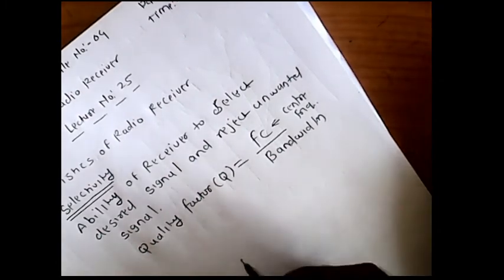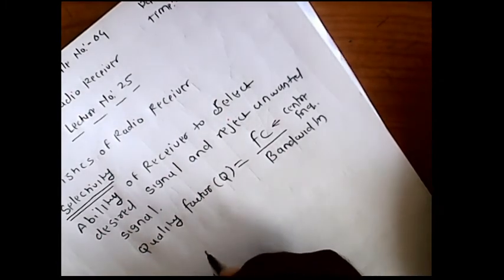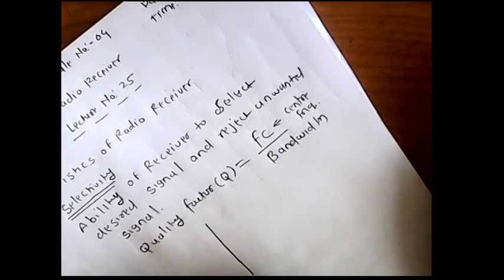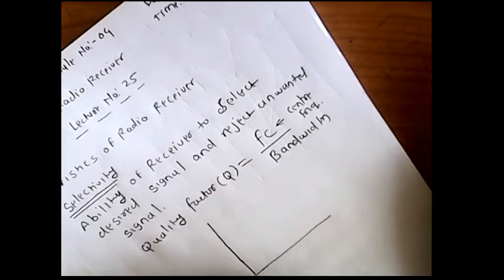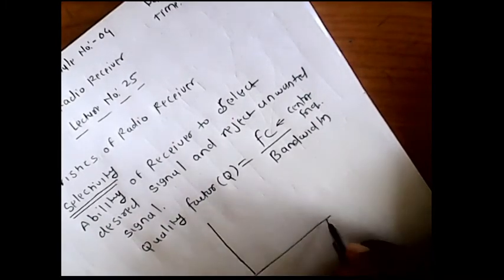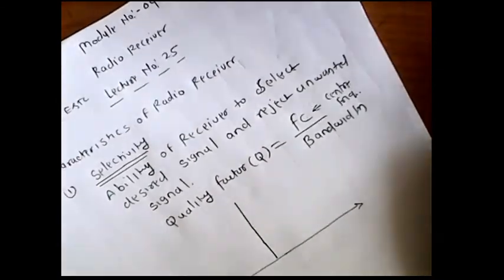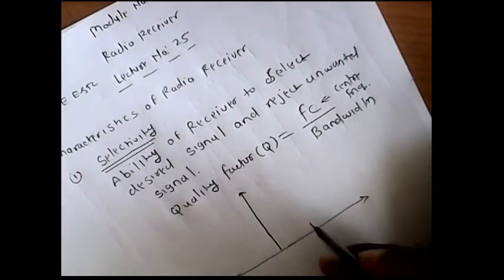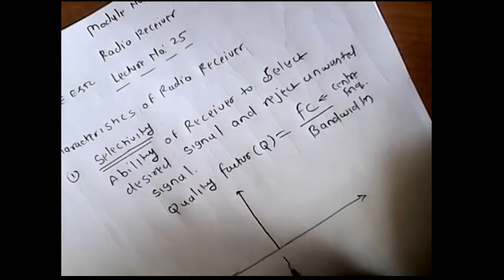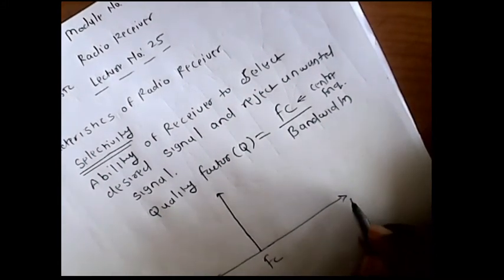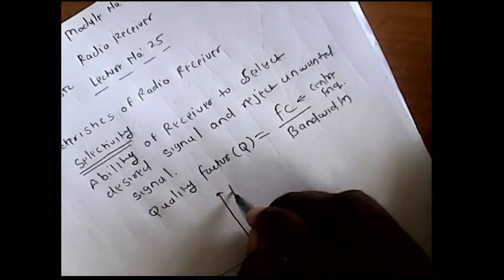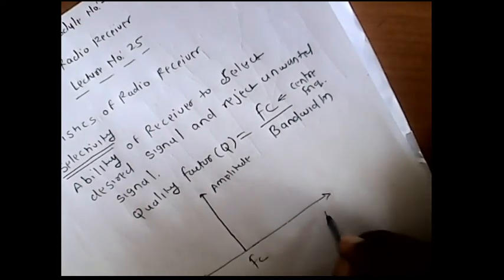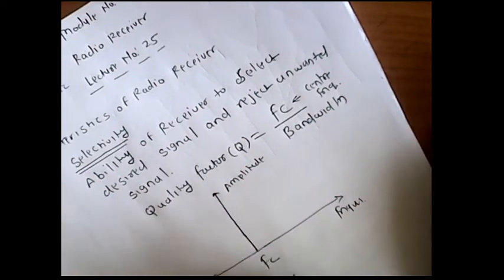We can explain graphically how the quality factor is associated with selectivity, and how it relates to amplitude and frequency. Here Fc is the center frequency, with amplitude on the y-axis and frequency on the x-axis.